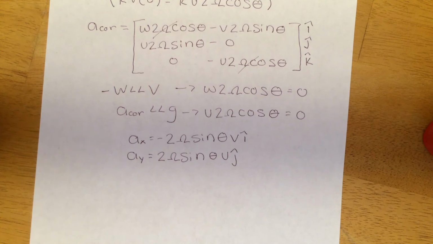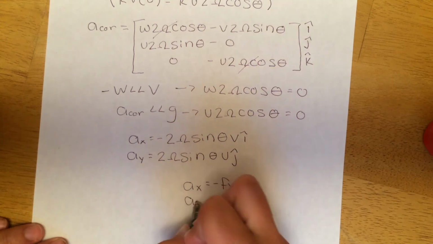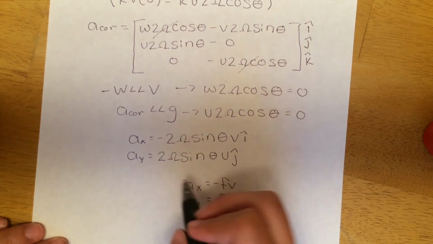So finally we have equations for our Coriolis acceleration in the x and y direction. These can be simplified if we recall that f is equal to 2 omega sine theta.